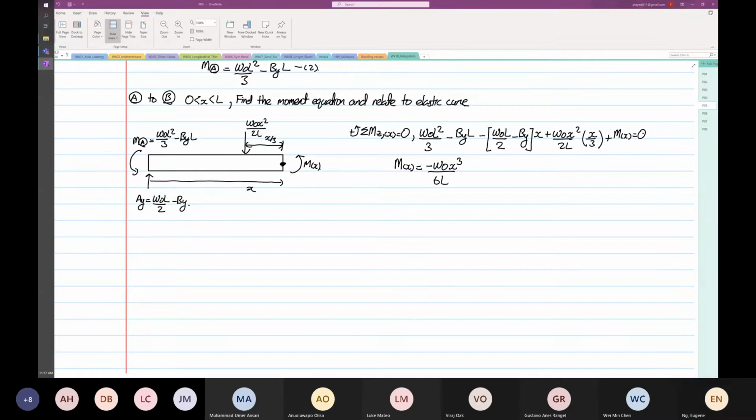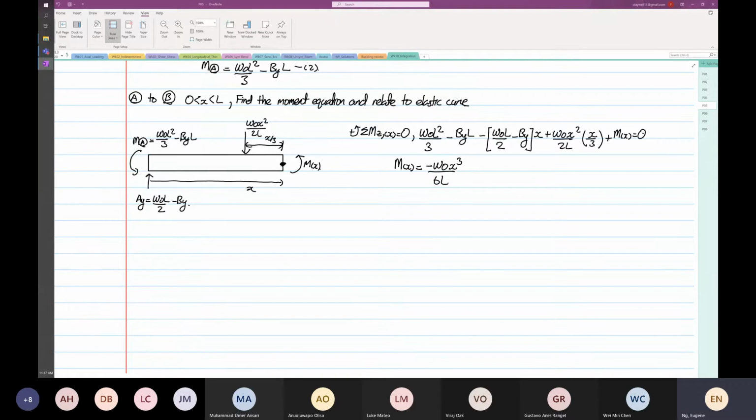I think I have an x term missing, I think this has to be covered by an x. No, that's the moment, sorry. I don't need to cover it by the x. ω₀L squared, yeah, it's a moment already.